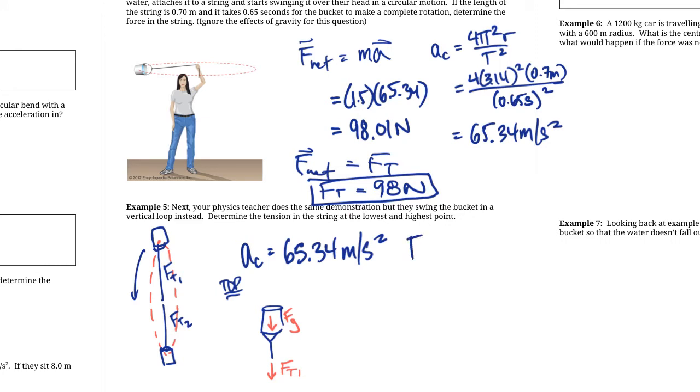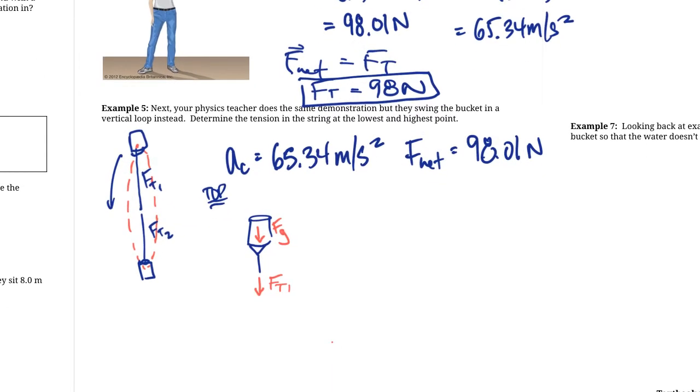It is. I'm leaving the 98.01 newtons because I want to keep extra significant digits until our final answer. So that's still going to be true, but what's happening here? These two forces are going to have to combine to give us this net force.